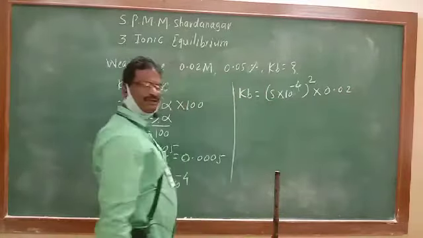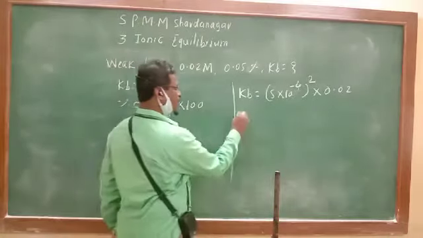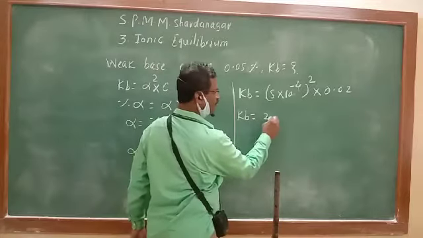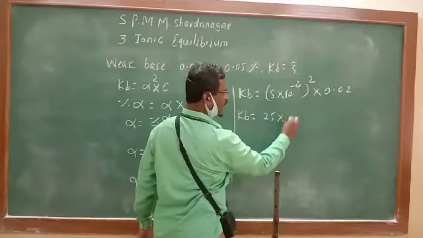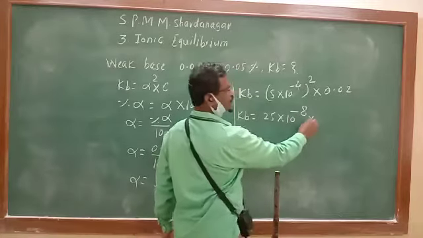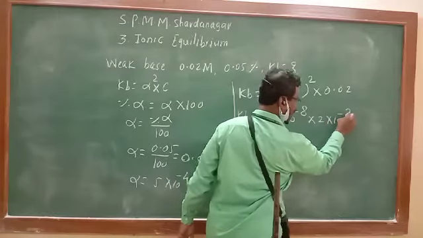Solving this in a similar manner to the previous problem, we can write Kb is equal to 25 multiplied by 10 raised to minus 8 into 2 into 10 raised to minus 2.